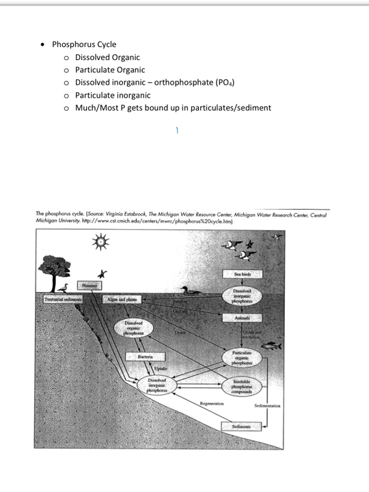So we start up here with particulate organic phosphorus. Particulate organic phosphorus could be like us, right? We're not dissolved and we have phosphorus in us. Any kind of organism, or even a sediment particle that has some organic phosphorus on it, could be this. But we could think of it as like algae or little plants and animals, that kind of thing.